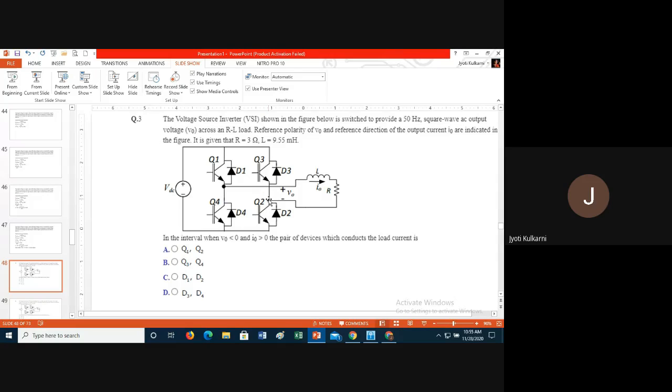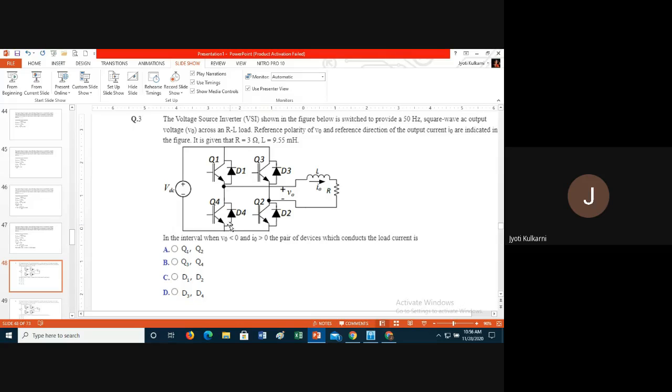So from this particular point, this lower dot, if I want to move towards the positive plate of the applied battery VDC, D3 will give me the path. So through D3 I will come. From D3 I am coming to the positive plate of the battery. Reached. From the positive plate of the battery, say negative plate. From the negative plate, if I want to go, then which device will I prefer, Q4 or D4?